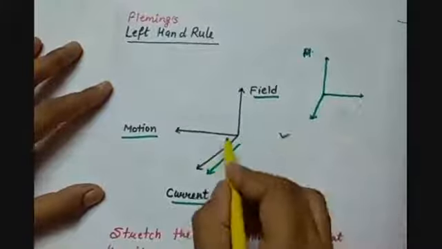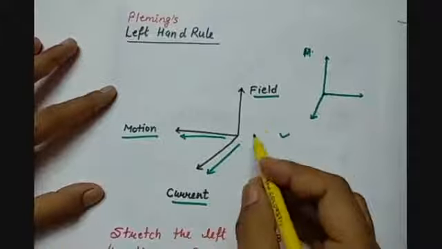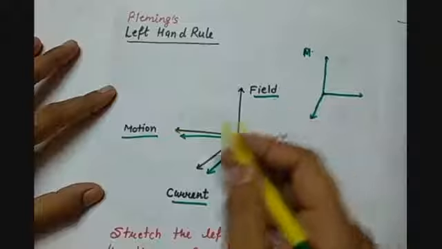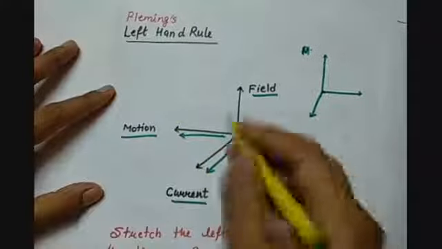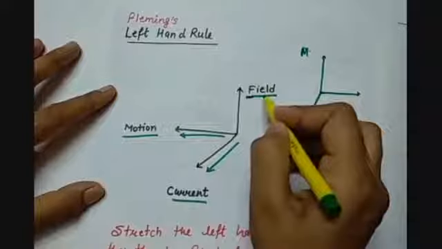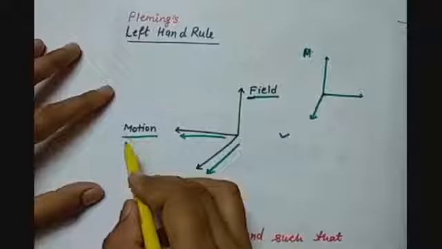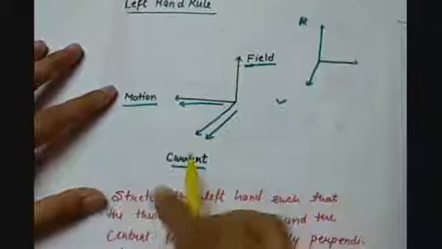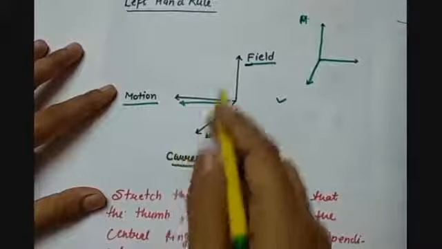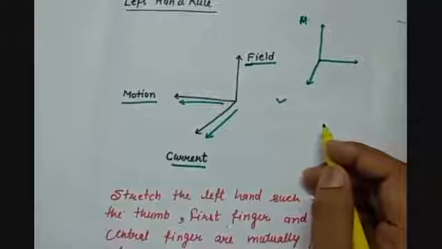Then the thumb will represent the direction of the motion. You can also remember it as father, mother, child. Taking F from field, make it father; motion, M, mother; current, C, child. So you can remember it this way as the father, mother, child rule.